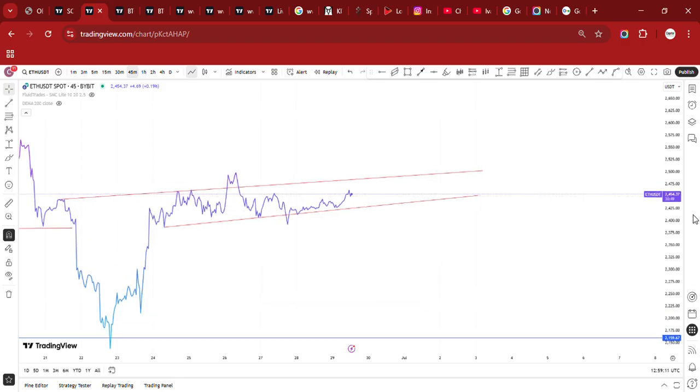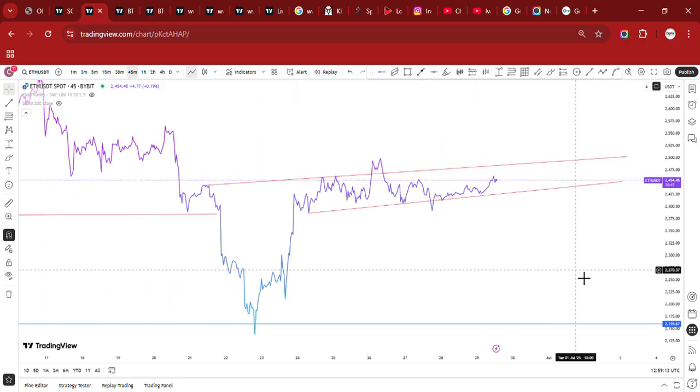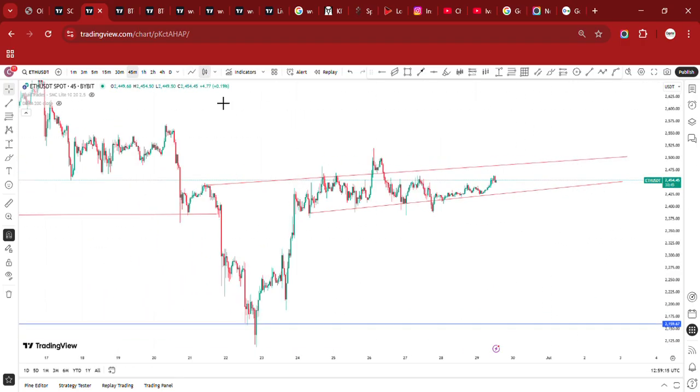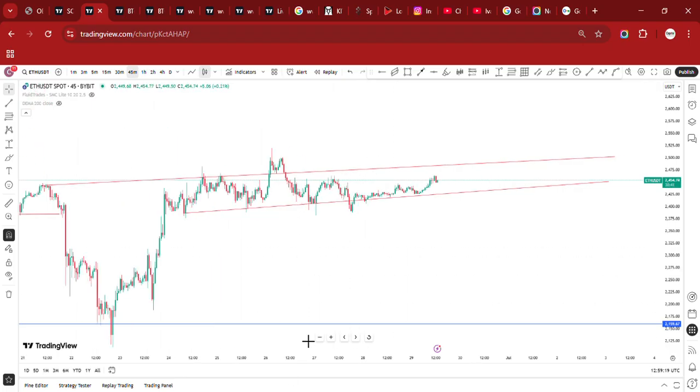Now on this channel, what is the next thing for us to do? We will go back to our candlestick patterns and look at whether we should see a rejection on this level for a sell. But our chart patterns say that when we are having a range after a massive rejection, then it can signal a continuation.